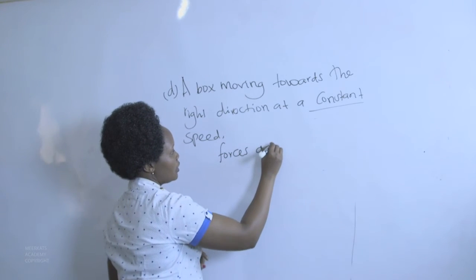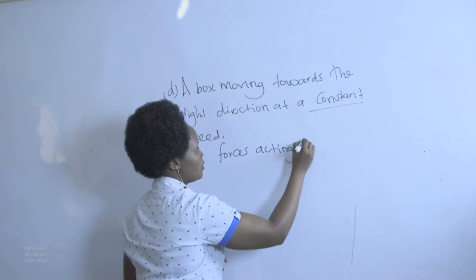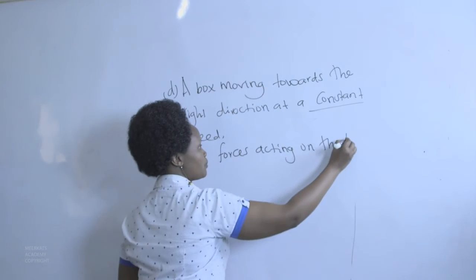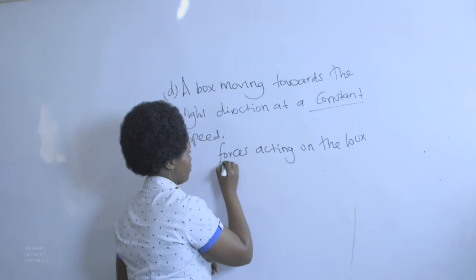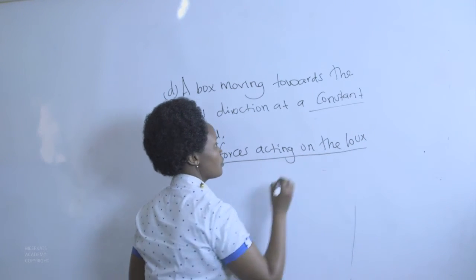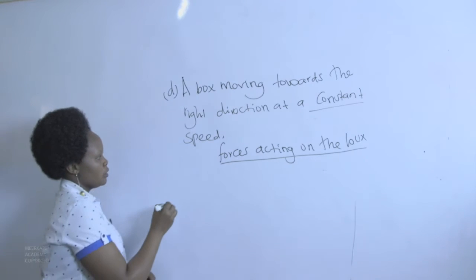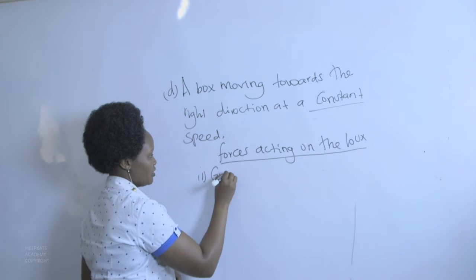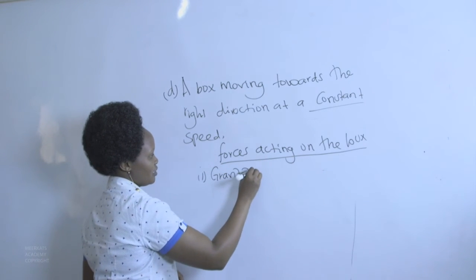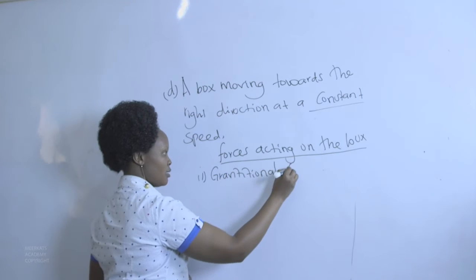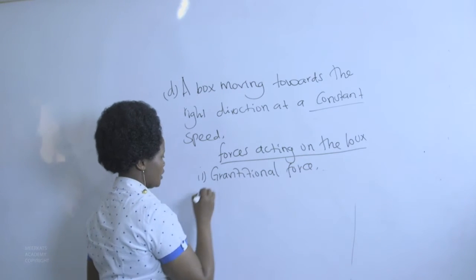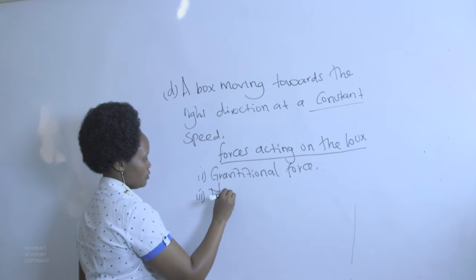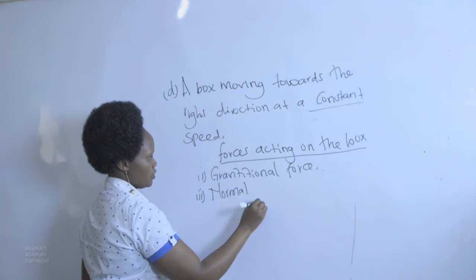Now, ask ourselves, what forces act on the box? Forces acting on the box: number one is the gravitational force. Number two, the normal force.